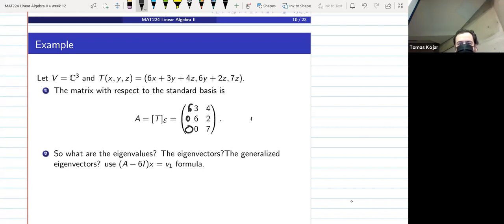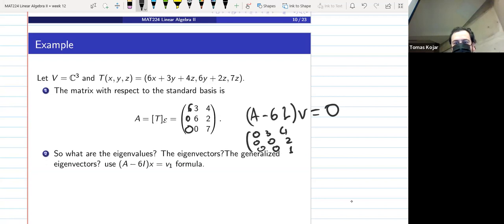So you have A minus 6I times v has to equal 0. Let's see. This matrix is 0, 3, 4, 0, 0, 2, 0, 0, 1, times X, Y, Z equal to 0.